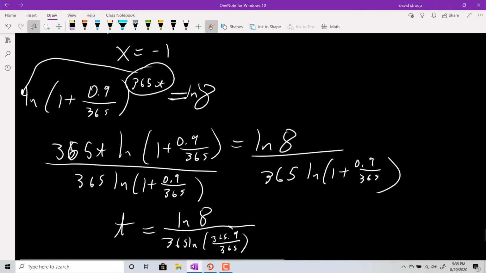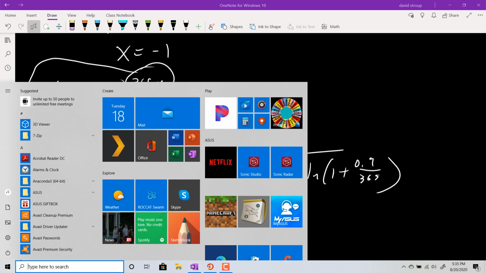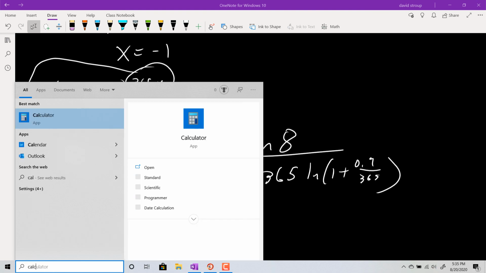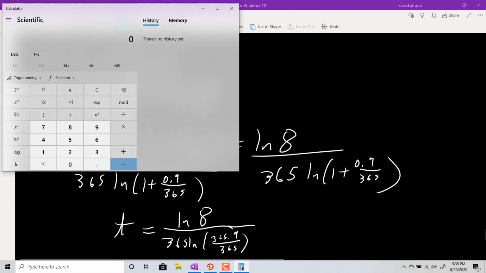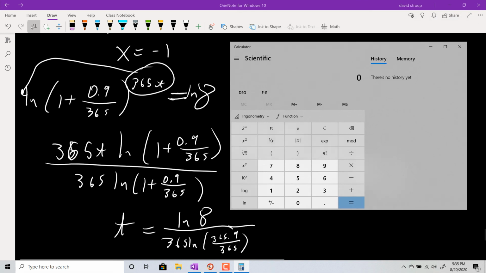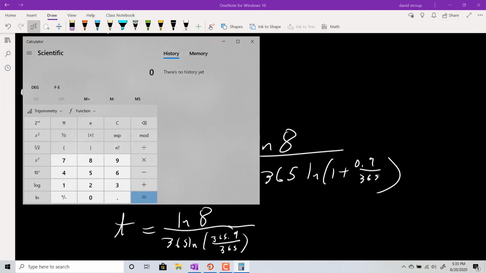Let's go to the calculator and see what it says about this answer. Do I have an exponential thing? Okay. So it's ln of 8 divided by parentheses 365 times ln, and it did that chunk. Okay, so let me try that again.